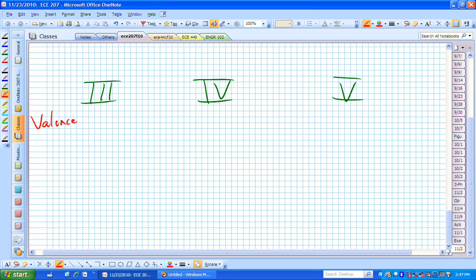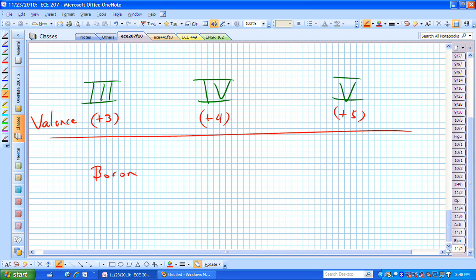We have our 3, 4, 5 elements in the periodic table, where this one has 3 electrons in its outer shell. The 4 is plus 4 in terms of electrons, and 5 is plus 5. Some possible elements that we might use in these columns: we have boron, which is B, of atomic number 5.